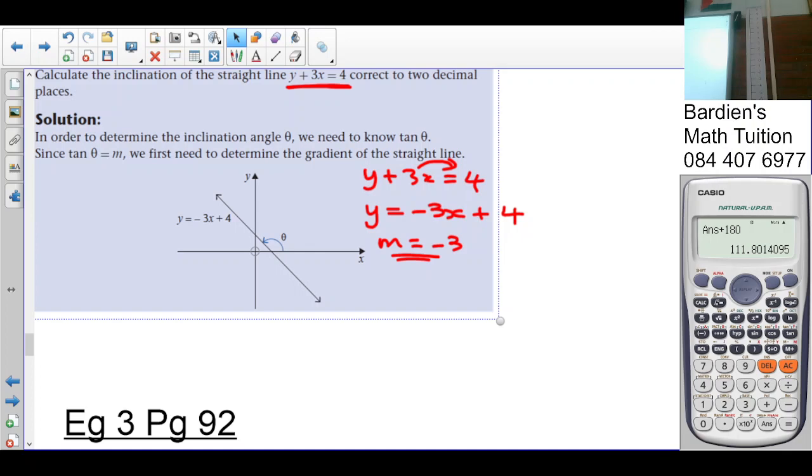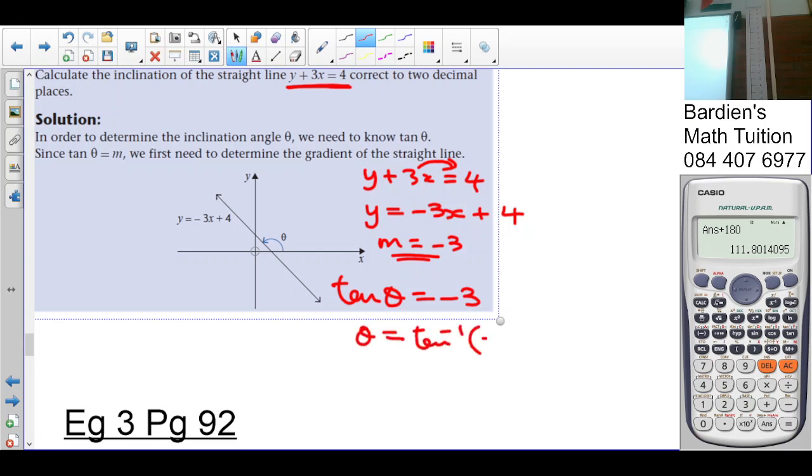Alright, so what do we have? Tan of theta is equal to negative 3. So theta is equal to arctan of negative 3. Shift tan, or arctan of negative 3 gives you negative 71.56.